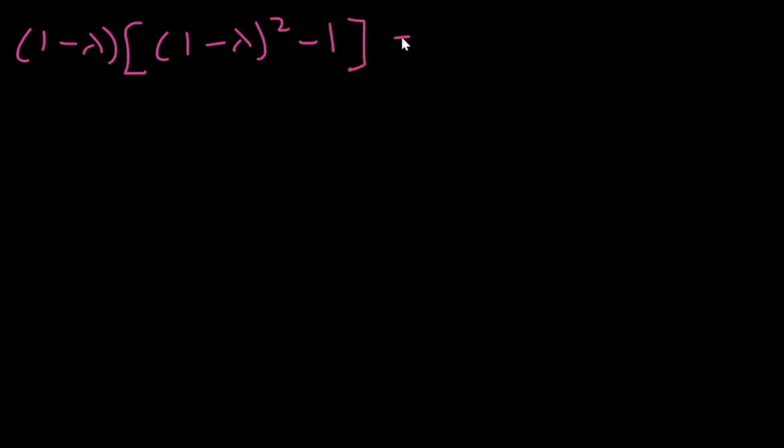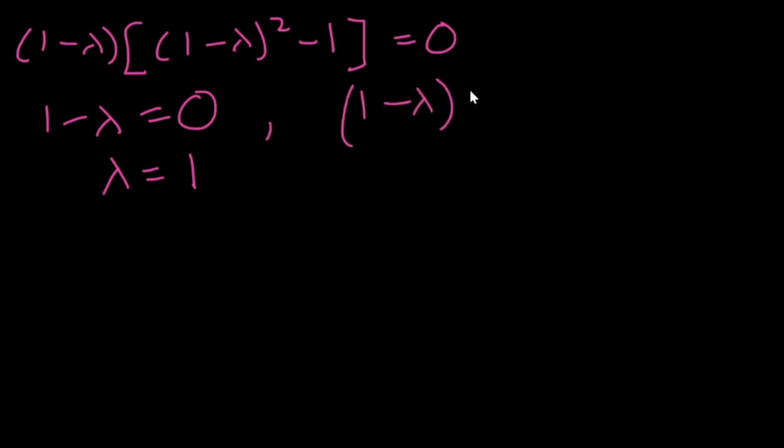I am going to rewrite the equation I had just now: 1 minus lambda multiplied by (1 minus lambda) squared minus 1 equals 0. So I have 1 minus lambda equals 0, lambda equals 1. I also have (1 minus lambda) squared minus 1 equals 0.